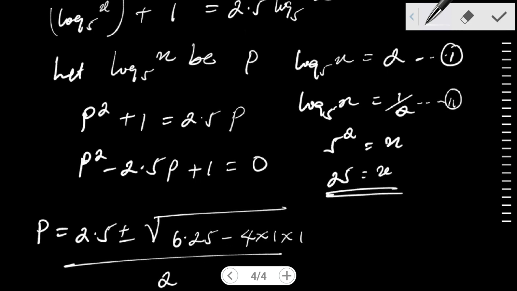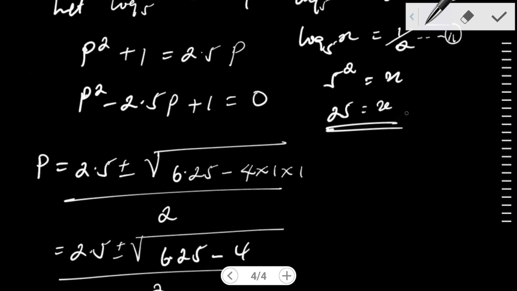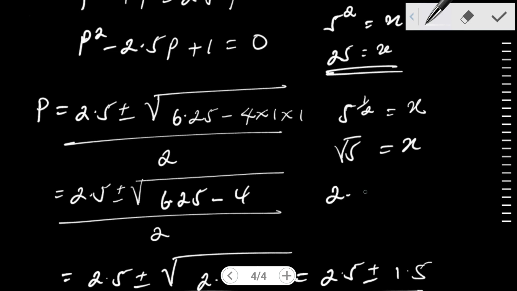Also, from the second one, 5 to the power 1 out of 2 would be equals to x. That means the root of 5 would be equals to x, which is 2.23661, and this would be equals to x.